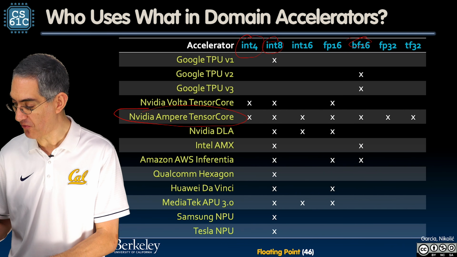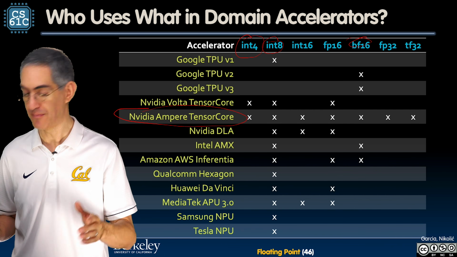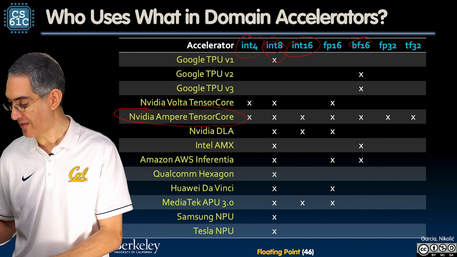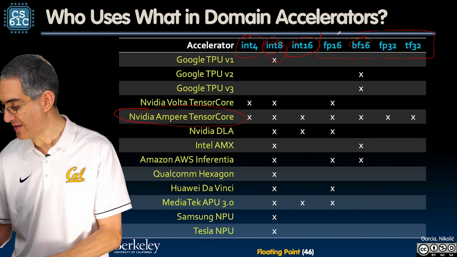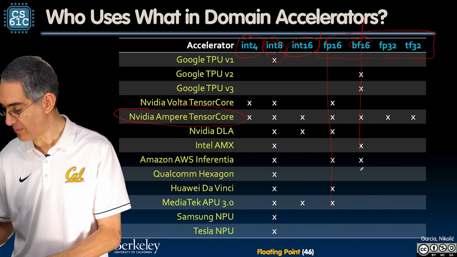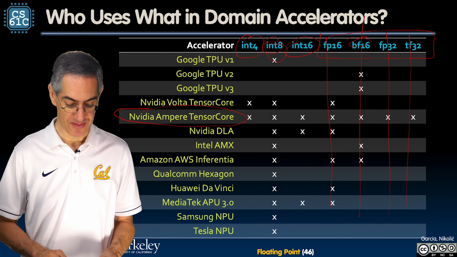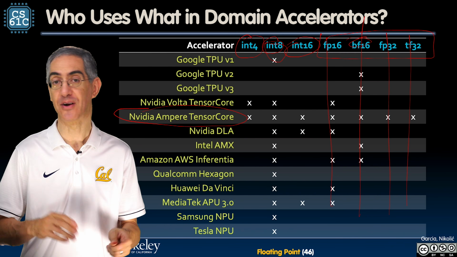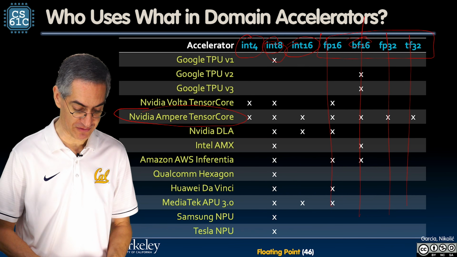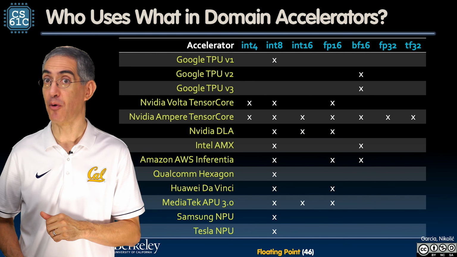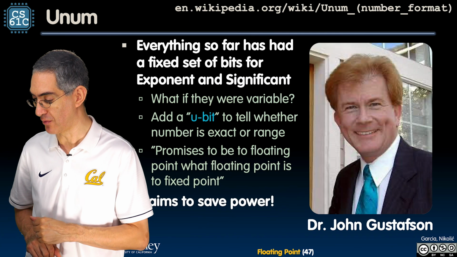And by the way, there's int 4 as well. This means an integer. This means a nibble. This means a byte. This means 2 bytes. And in the floating point space, these are not all supported by all of these domain accelerators. So think about that when you choose the particular domain accelerator that you might pay for on the cloud or try to buy or build yourself. There's not full support for all the different kinds of numbers that we're going to use.